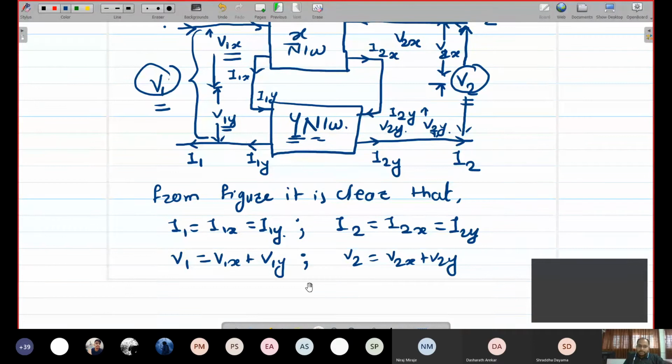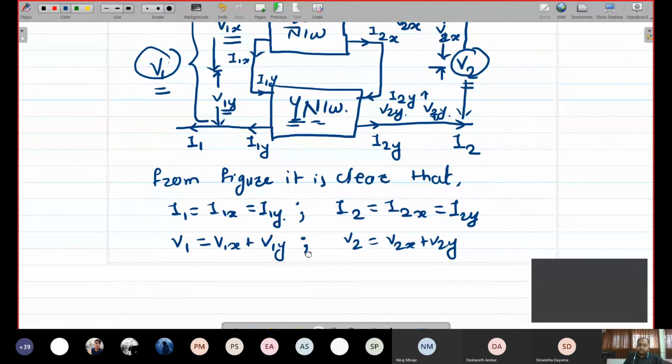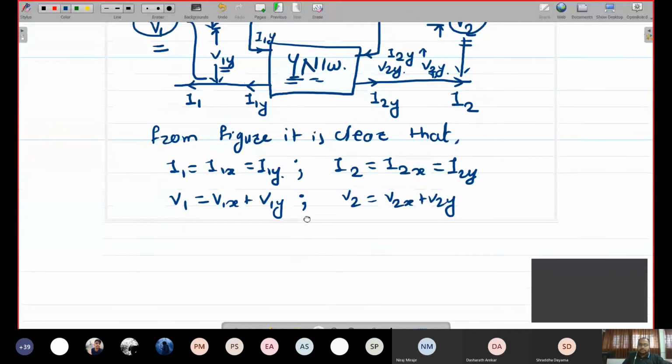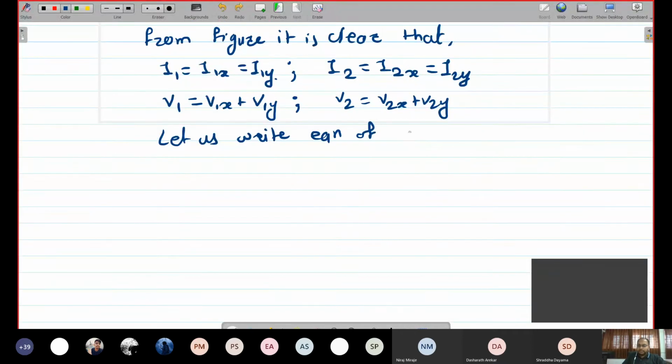Okay. Now let us write the equations of Z parameters for X and Y network.